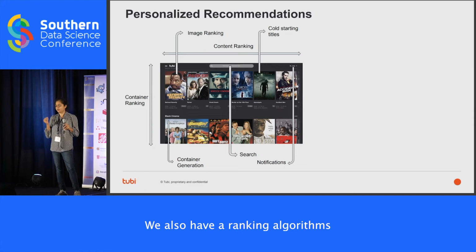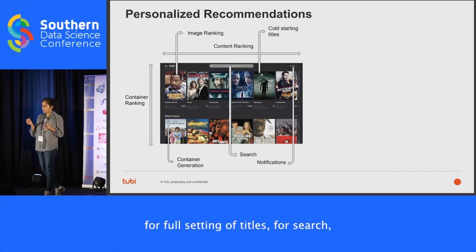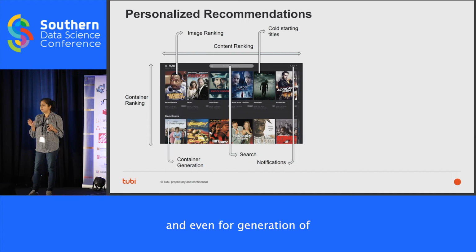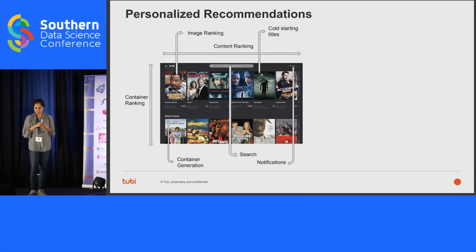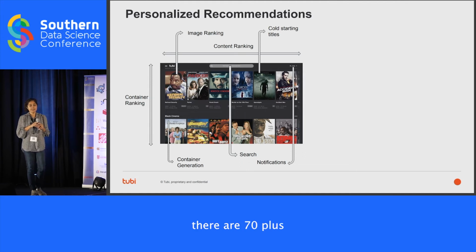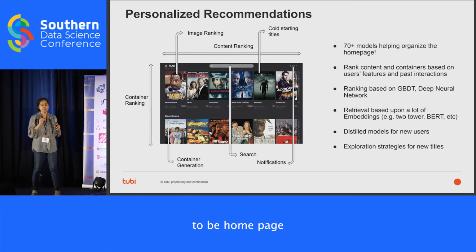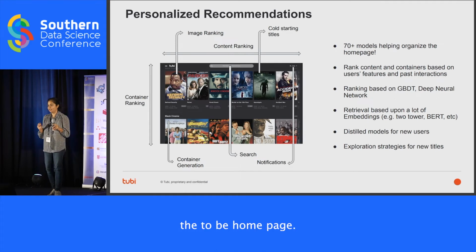We also have ranking algorithms for image ranking, for cold starting of titles, for search, for notifications, for autoplay, and even for generation of the containers themselves. So overall, there are 70 plus models operating on the Tubi homepage that help organize it.